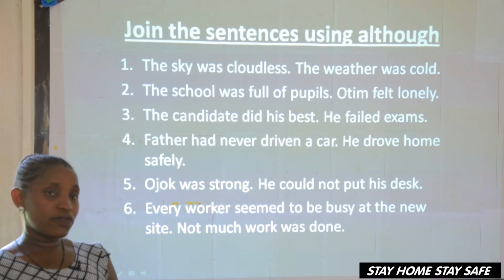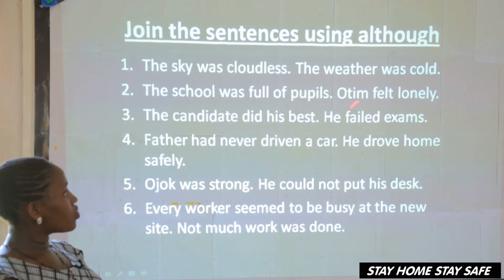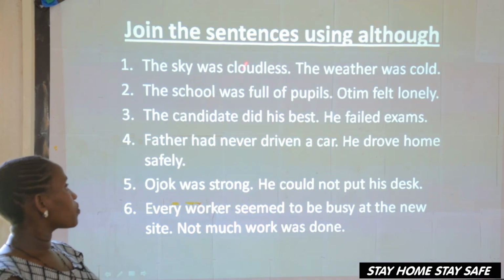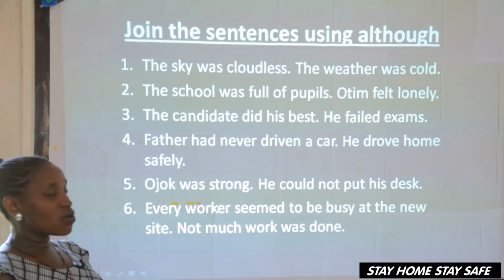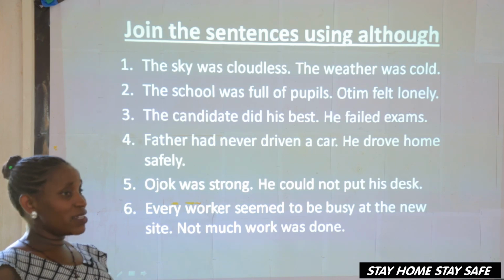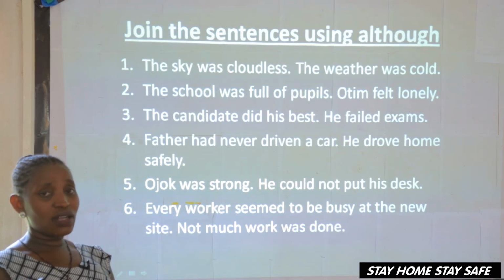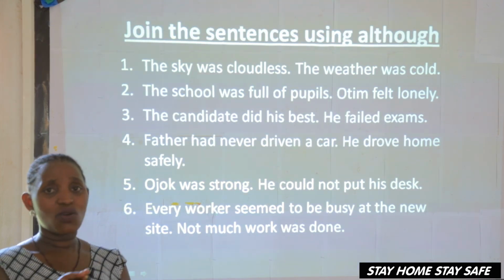You will be putting for me although at the beginning and then although within the sentence, on each question. For example, you say, the sky was cloudless, the weather was cold. Yes, when the sky is very clear, we expect the weather to be warm. But what happened? The sky was cloudless, but still the weather was cold.